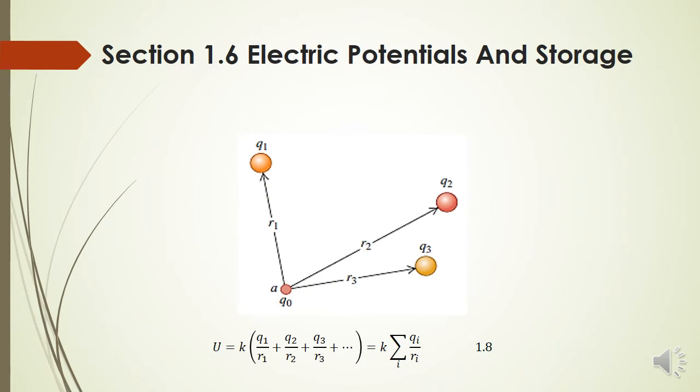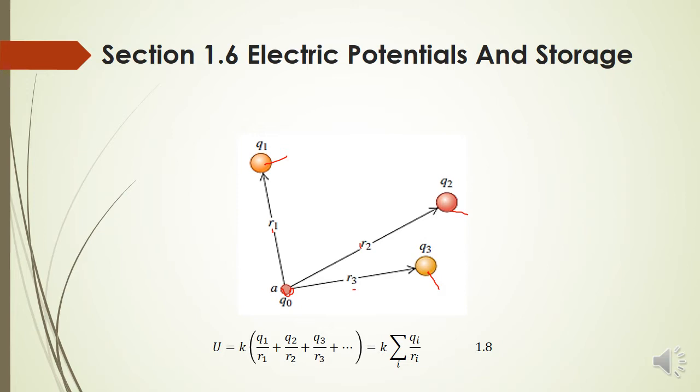Suppose the electric field in which charge Q0 in here from this figure moves is caused by several point charges Q1, Q2, and Q3 at distances R1, R2, and R3.